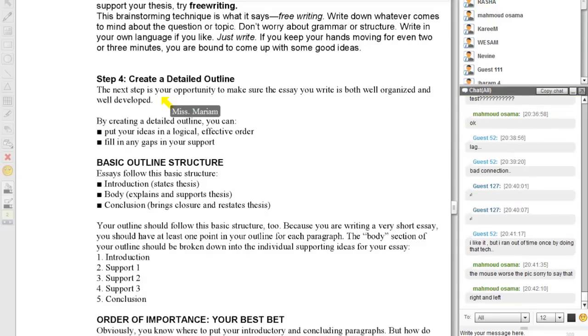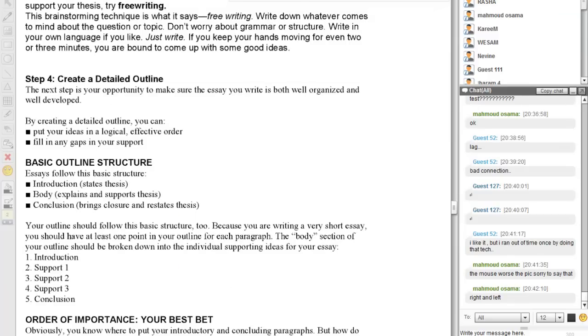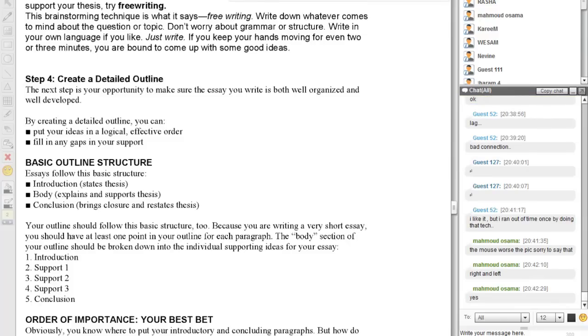Scrolling down the page? Right and left? Okay, is it clear now? Is the page clear now? Okay, great.